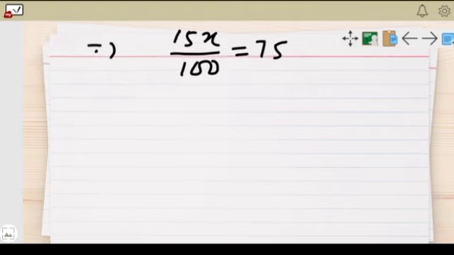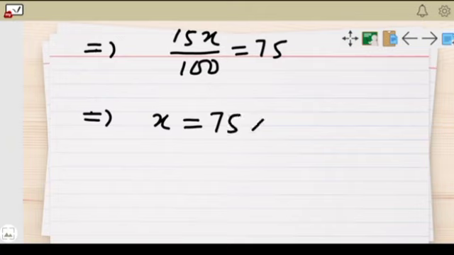Then again implies, I think it's not very clear. Okay, so x equal to 75 into, now 100 is in the denominator on the left hand side, but when it comes to right hand side, 100 will be coming to the numerator, and this 15 will come down to the denominator.